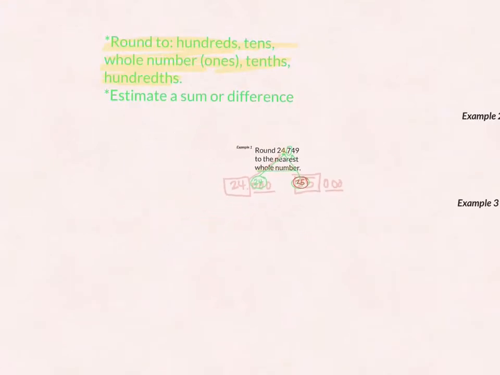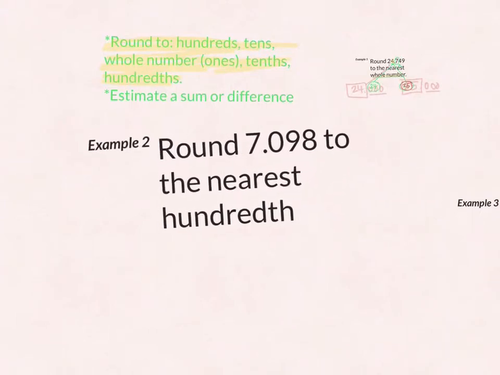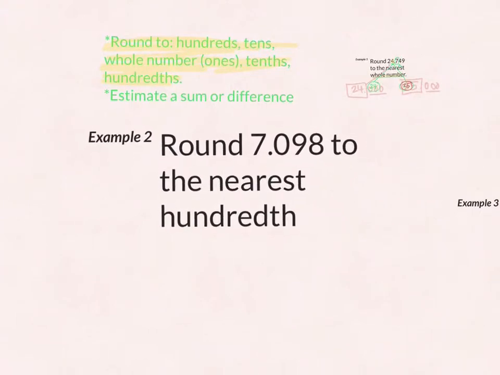Okay, so let's try another one. So here, it's another rounding. It's 7 and 98 thousandths, and we're rounding it to the nearest hundredth. So the first thing you should do is to underline the place that you're rounding to, which is the hundredths place, and circle the place to the right of it, which is the thousandths in this case. Alright, the next thing that some kids have trouble with is figuring out what your two choices are.